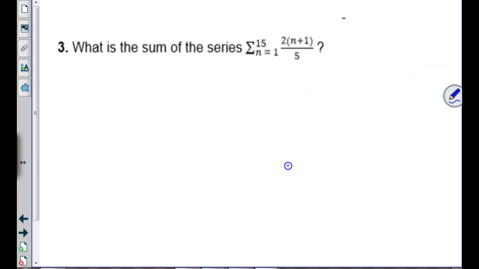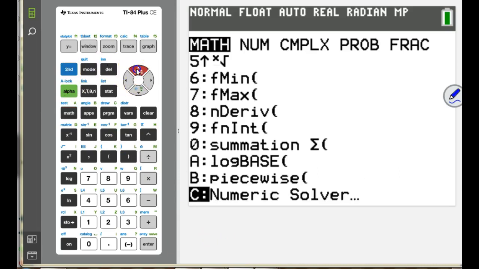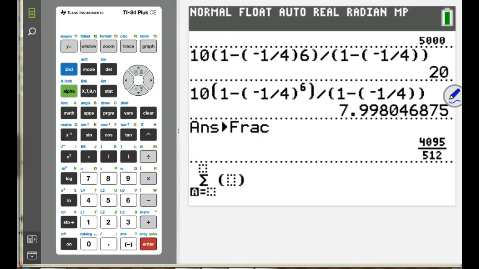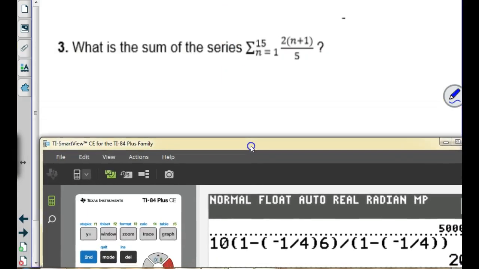All right, I skipped one. Which one was it? Okay, let's do this on the calculator. Does anybody remember where the button is? Yeah, you can do alpha window. Otherwise, it's here. The question was 1 to 15. You can use any variable. It doesn't have to be n. It'll work.